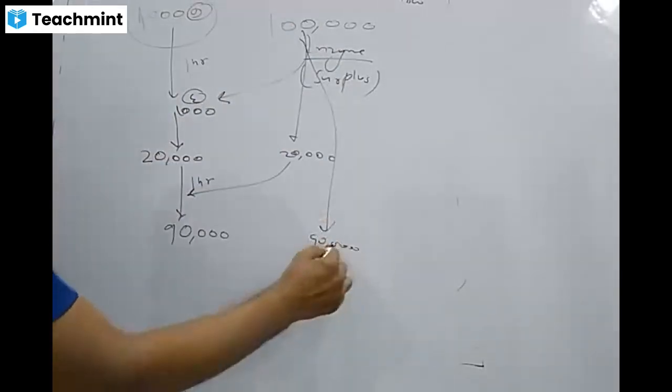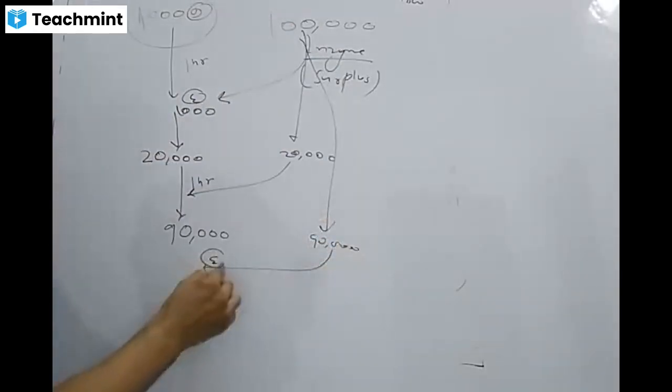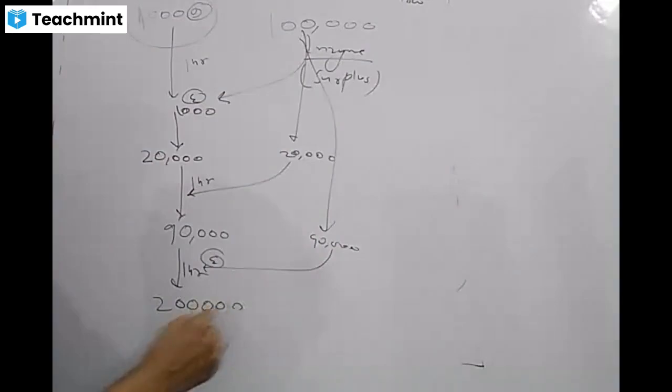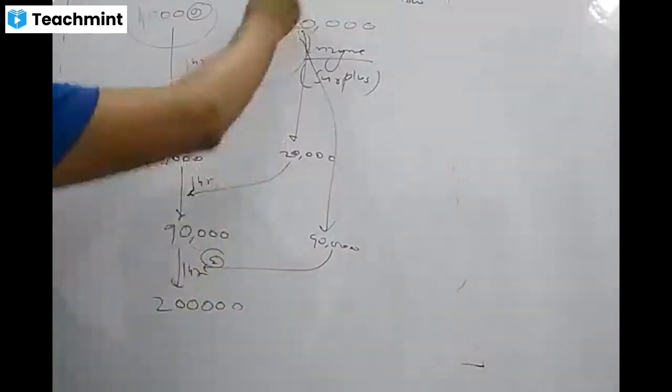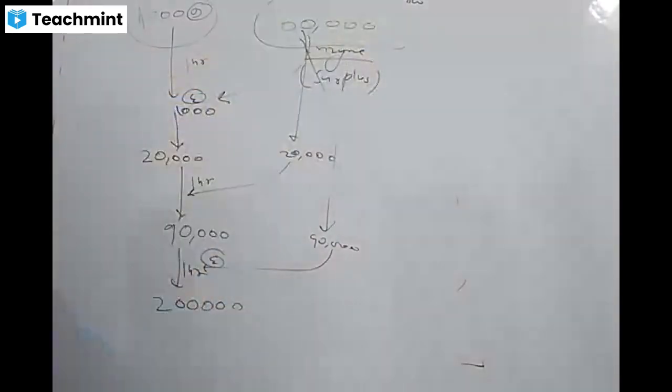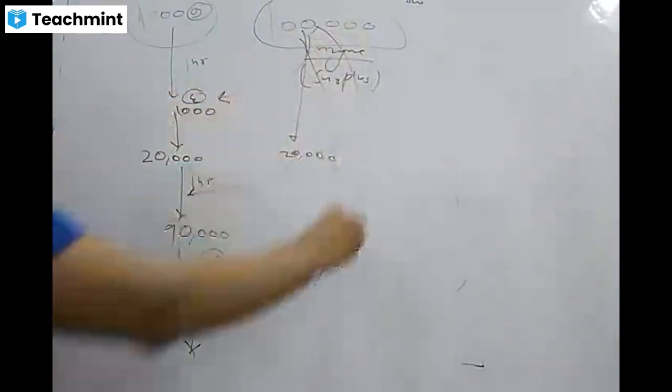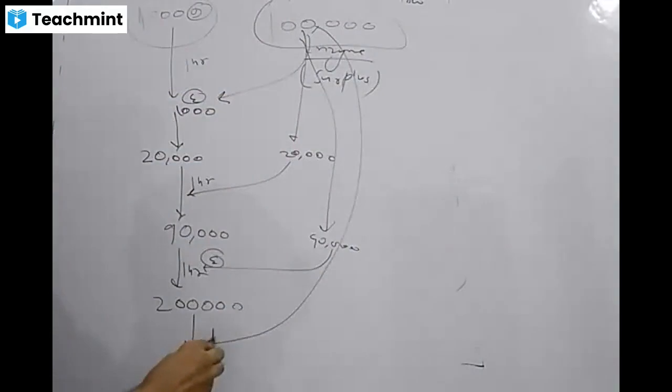Out of these, 90,000 enzymes will come and they will metabolize in 1 hour. If I increase the dose to 2 lakh, now we have 1 lakh enzymes and 2 lakh drug molecules. So we cannot do anything. Only 1 lakh will metabolize the 1 lakh molecules of drug.